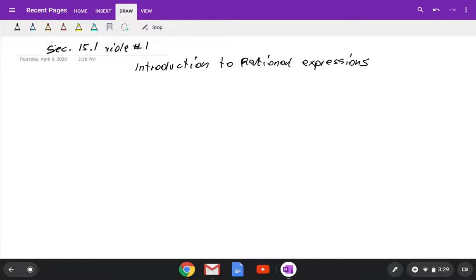Okay, so first, rational expressions are similar to rational numbers. So let me talk first about rational numbers. That's any number which can be represented as a ratio. Technically, rational numbers are ratios of two integers.